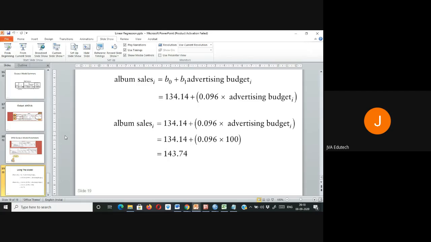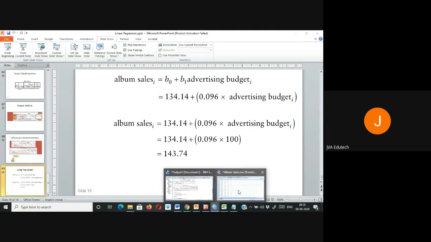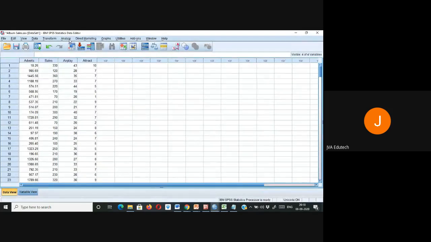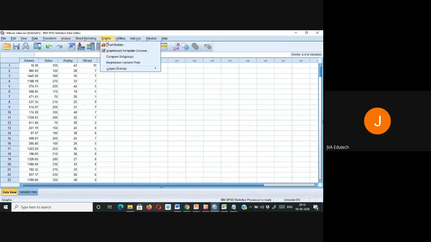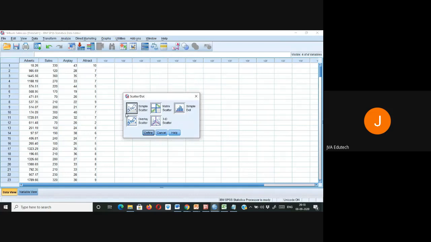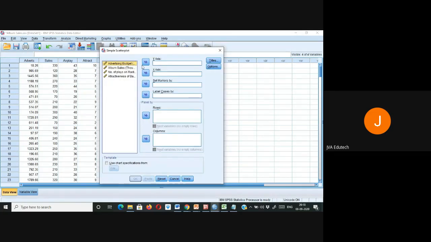If you draw a scatter plot, let's see whether we are getting any errors. Graphs, legacy dialogs, scatter dot, simple scatter, define.